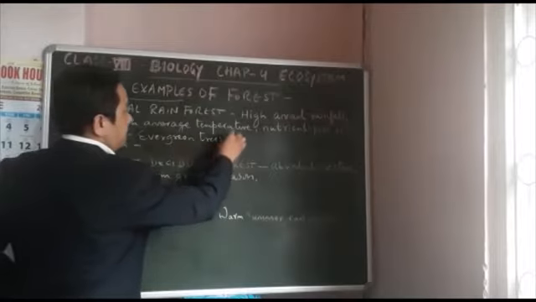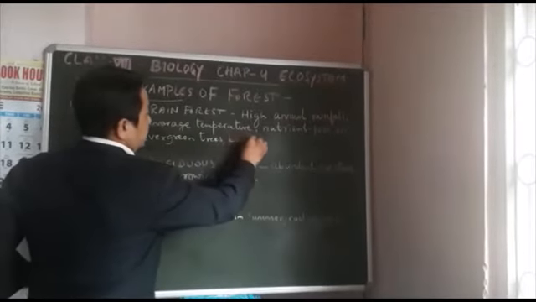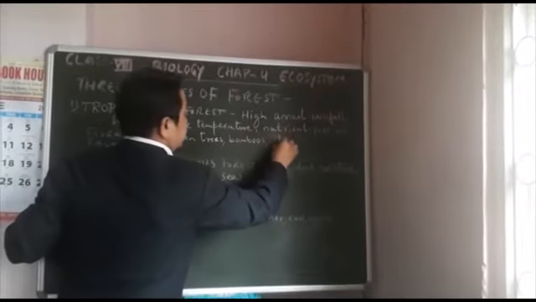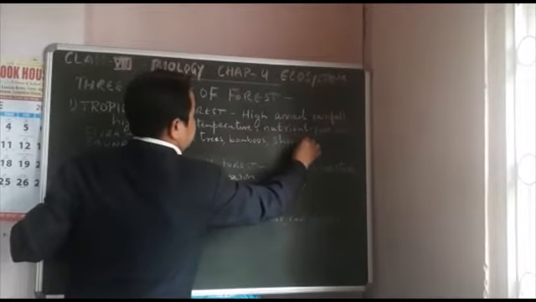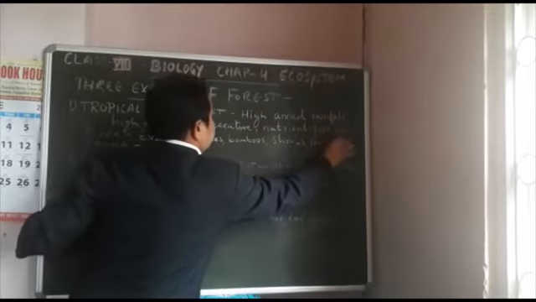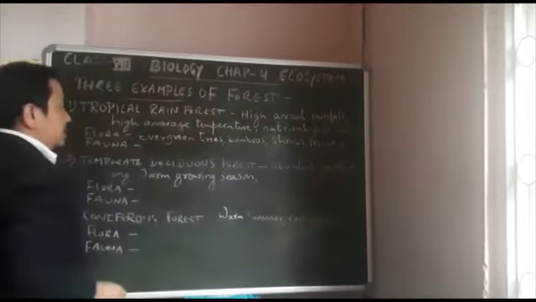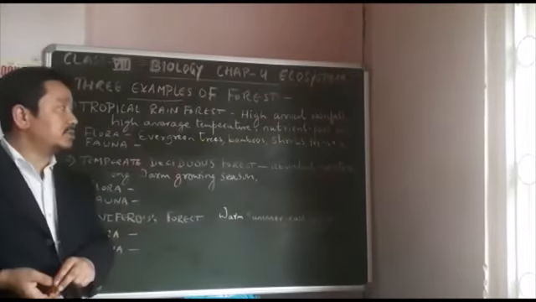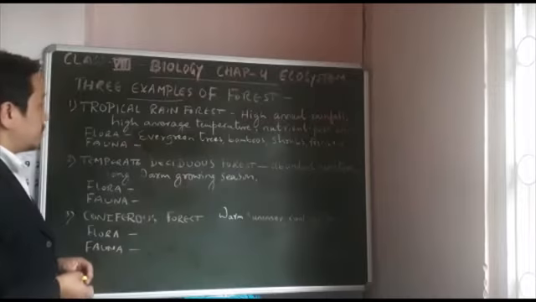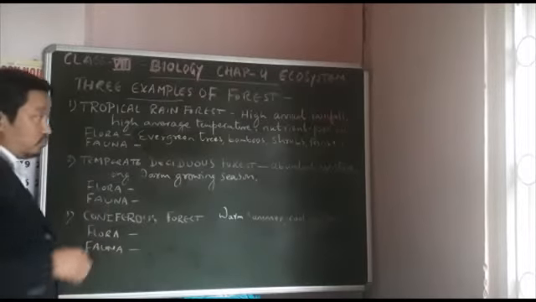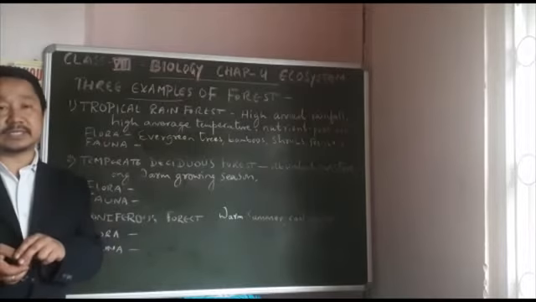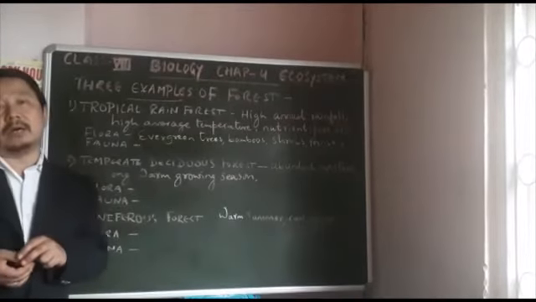Then bamboos, shrubs, then ferns, etc. There are many, but evergreen trees, bamboos, shrubs, ferns, etc. are mainly present here.